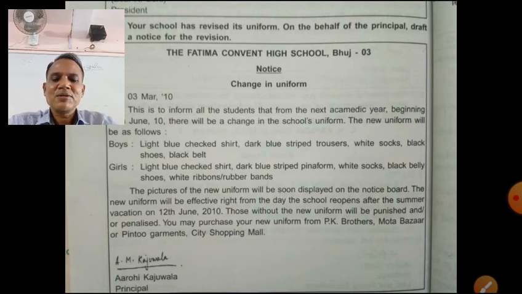Next one, participation fees, whether any fees are there for the participants in that particular function or event. And ultimately we can also mention the registration procedure and the last date of the registration.